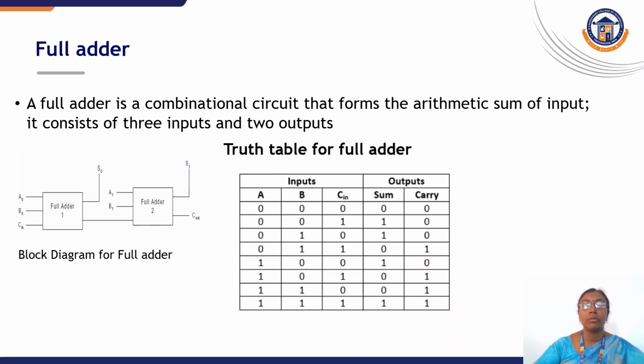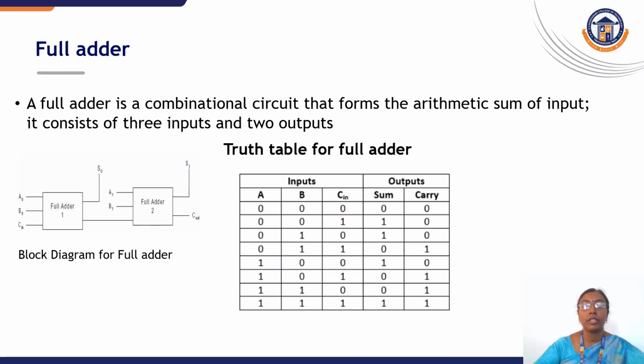Similarly for 0, 1, 0, 0 plus 1 is 1, sum is 1 and the sum 1 is added with carry, so that sum is equal to 1. Then 0 plus 1 is 1, and 1 plus 1 is added. We have already seen in the half adder that when we add 1 plus 1, we will be getting 1 0, where 0 will be the sum and carry will be 1 out of that there will be overflow during addition operation.